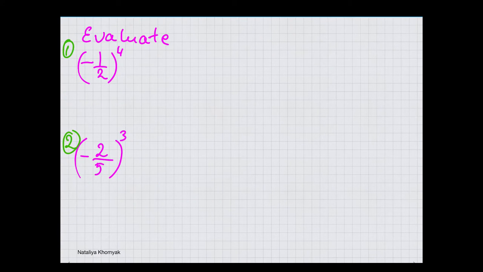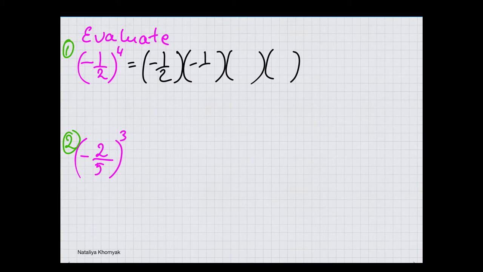Evaluate negative a half to the power of 4. All this means is that we have 4 factors of these parentheses that have negative a half inside of them. And now it's just multiplying fractions. Here we have negative times negative, positive times negative, negative times negative again, positive.